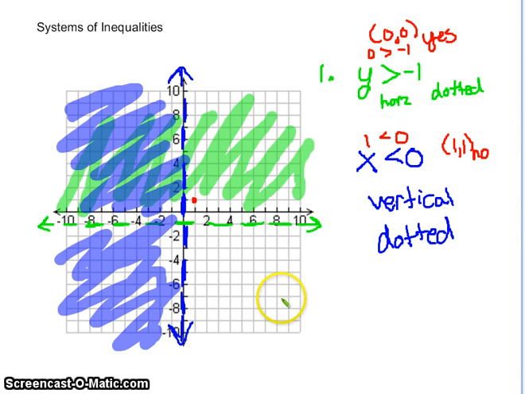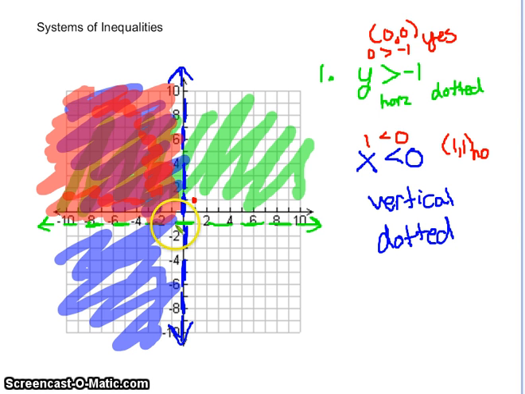As you can see, this area over here is actually intersecting. We have green shading and blue shading. So when we're finding the answer to a system of inequalities, it's just where the shading overlaps.